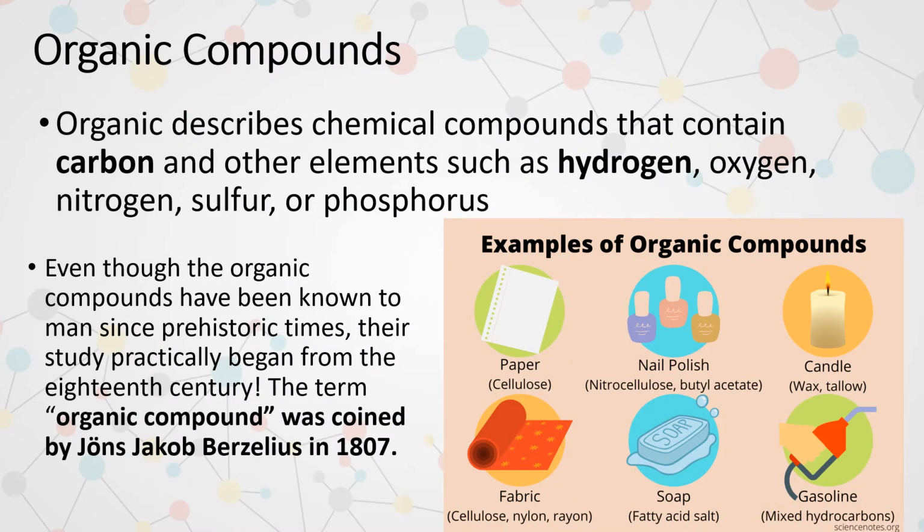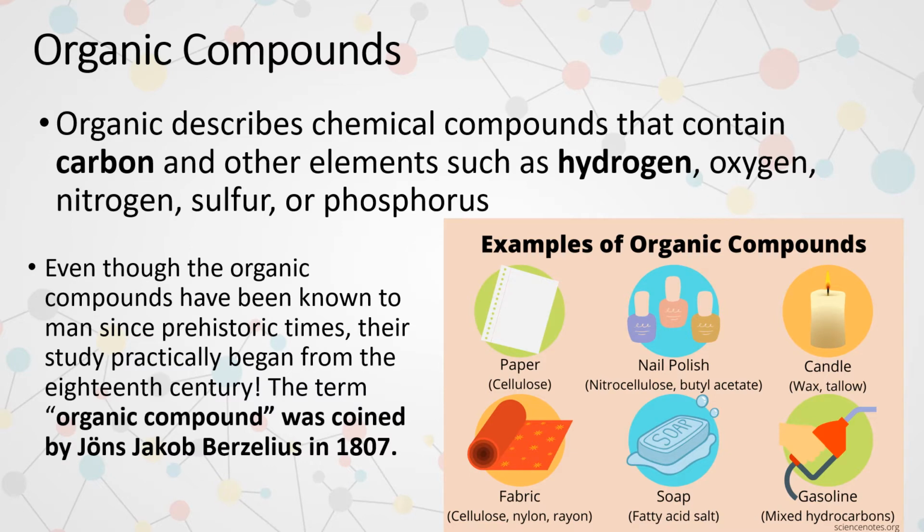Organic compounds describes chemical compounds that contain carbon and other elements such as hydrogen, oxygen, nitrogen, sulfur, or phosphorus. Even though organic compounds have been known to man since prehistoric times, their study practically began from the 18th century.